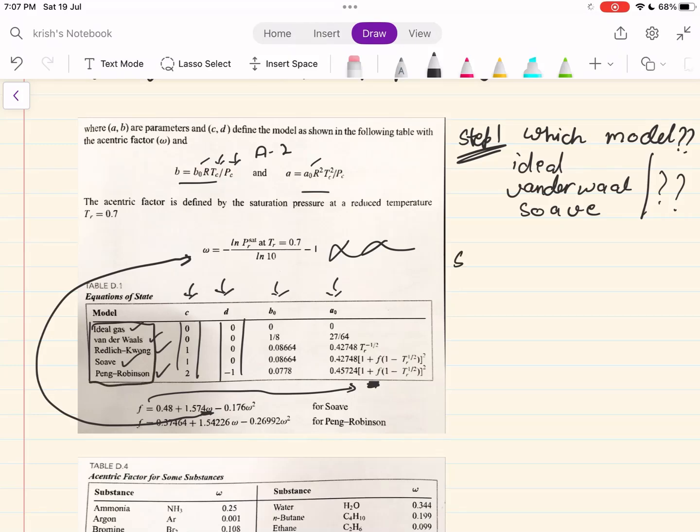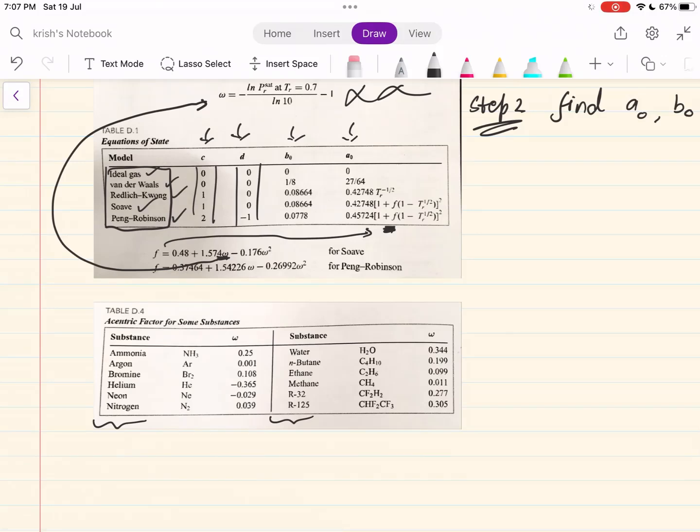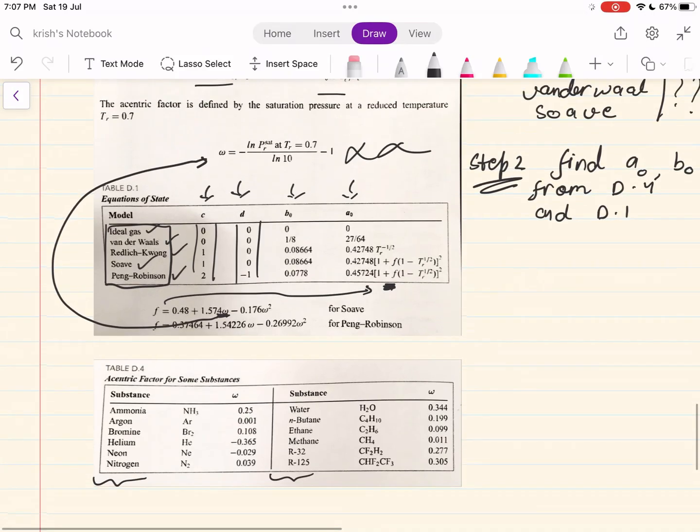After you have done that, find the values of a naught and b naught from D dot 4 and T dot 1. After you have found the values of a naught and b naught, find a and b using these formulas.